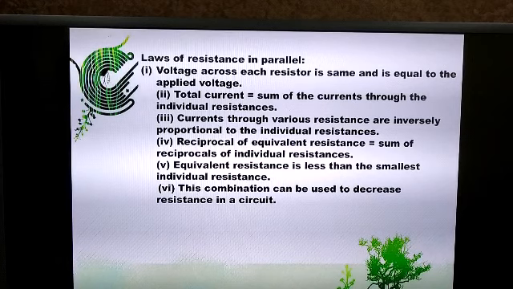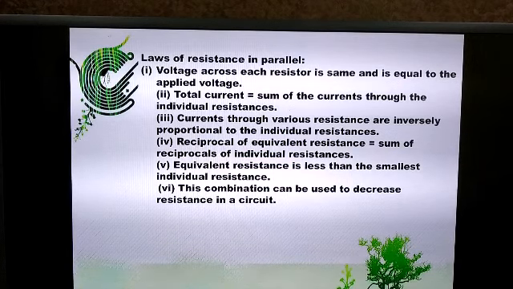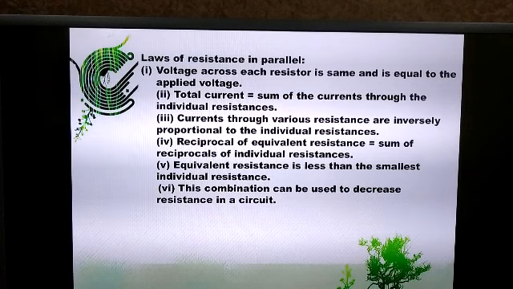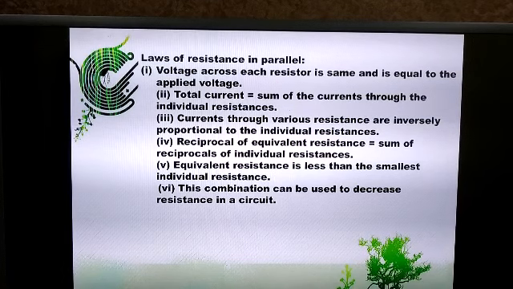Fourth, the reciprocal of equivalent resistance is equal to the sum of reciprocals of individual resistances. Fifth, equivalent resistance is always less than the smallest individual resistance. And sixth, this combination can be used to decrease resistance in a circuit.